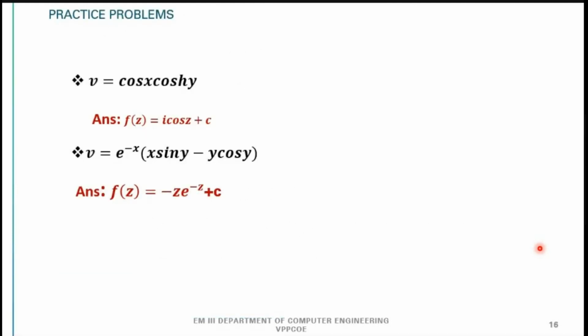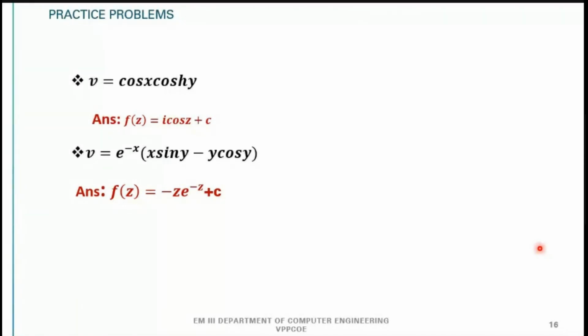Two problems you can take for practice. Similar type we have done in u also, only a slight difference here: with respect to v it is given. v is equal to cos x cosh y and v is equal to e raised to minus x into x sin y.